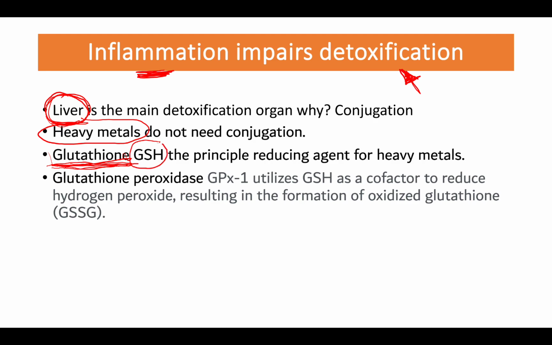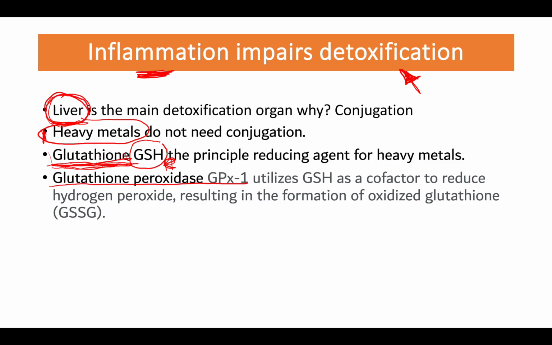Now, glutathione, GSH is the abbreviation of glutathione, will give hydrogen ion, will give electron to the toxin to calm it down and prevent its toxicity. Heavy metals do not need oxidation when they come to the liver. They bind immediately to the glutathione. So glutathione here has a role in neutralizing the toxins of the bacteria and in neutralizing the heavy metals. However, there is an enzyme called glutathione peroxidase.